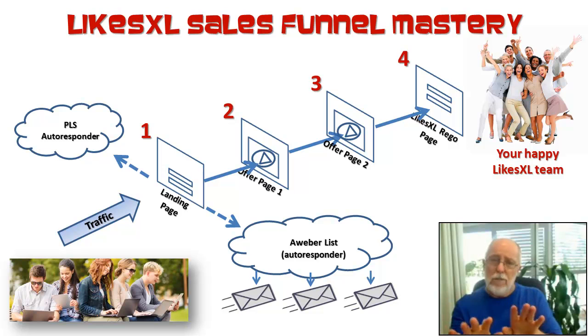So there are 2 parts to PLS: one to look after all your web pages, and one to look after your subscribers. Personally, I don't use that. I've been using PLS for some time, and I've just got a preference for Aweber. So when you join PLS, you can just go and use their autoresponder.